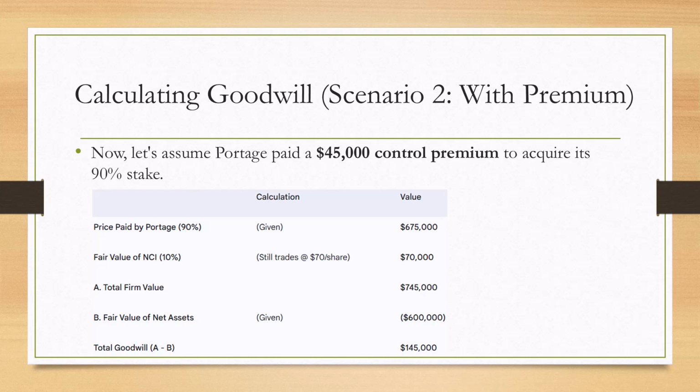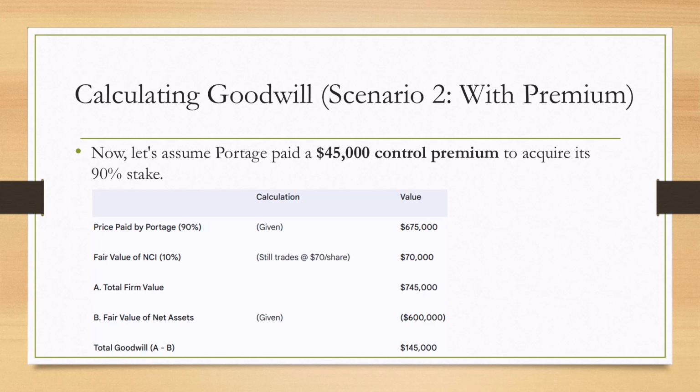In our second scenario, let's assume Portage paid a $45,000 control premium to acquire its 90% stake. Their total cost is now $675,000. Notice that the value of the non-controlling interest does not change. It's still valued at its standalone market price of $70,000.